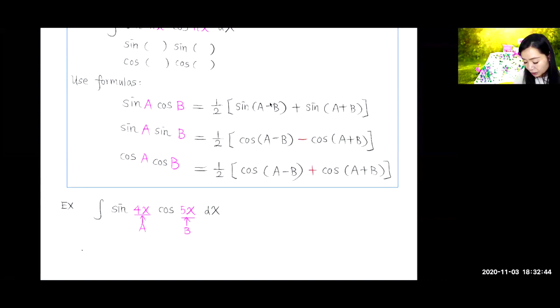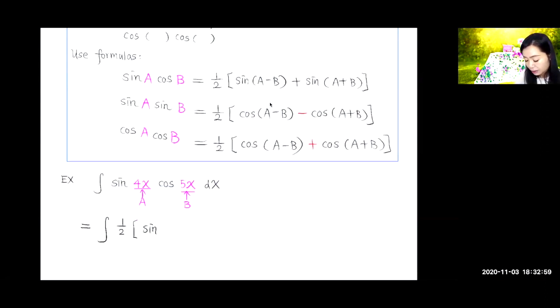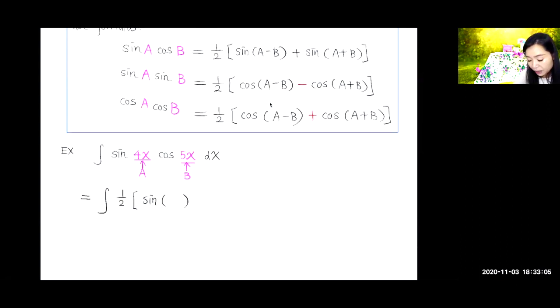So that's equal to the integral of 1/2 sine of, well, what's A minus B? A minus B over here is 4x minus 5x, which is going to be negative x.